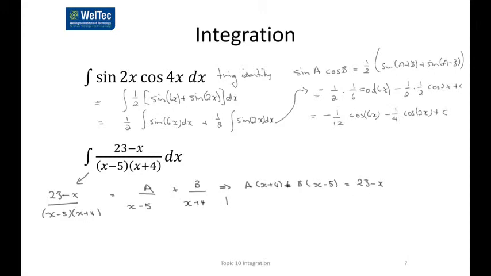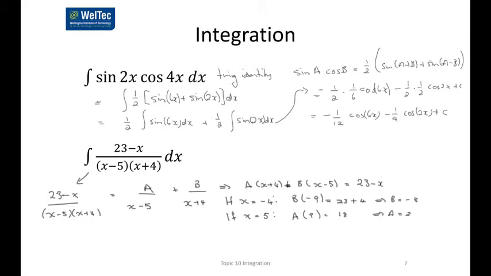Trying x equals negative 4, then b times (negative 4 minus 5), which is negative 9b, equals 23 minus minus 4, so that would be plus 4, giving b equal to negative 3. Similarly, if x was equal to 5, then the second term disappears and a times 9 would equal 23 minus 5, which is 18, so a must equal 2.